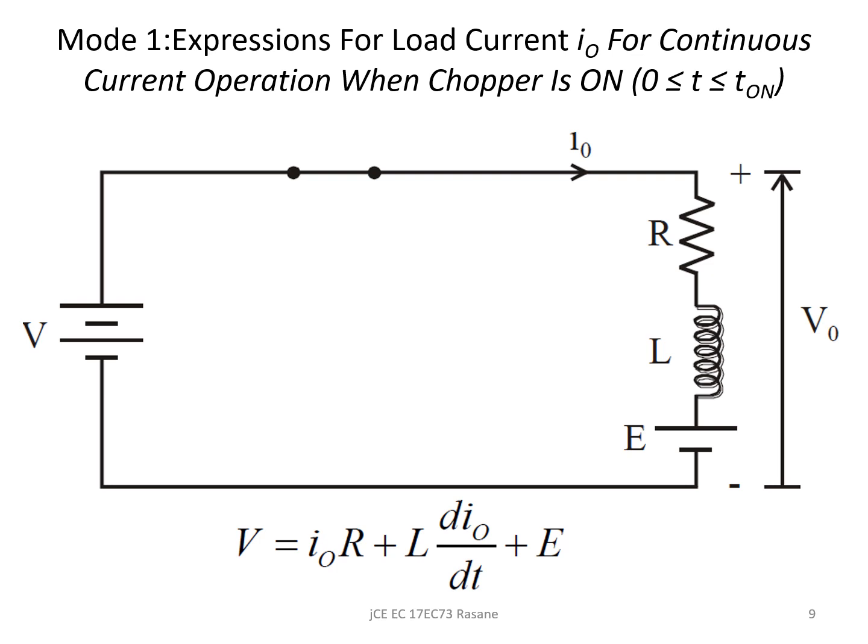If I look at this particular circuit and I want to analyze it, I can write the Kirchhoff's voltage law equation. So V becomes equal to I naught into R plus the voltage drop here, that is L into di naught by dt, plus this voltage E. This is the expression we will use to calculate the different current values in the waveform.